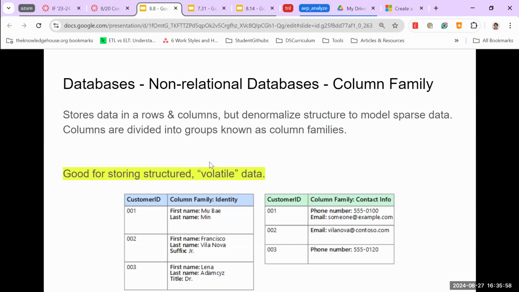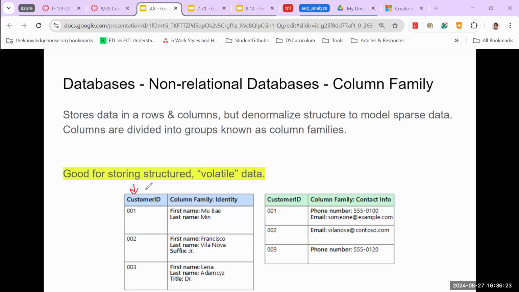And when we say sparse data, we basically are stating that there are going to be a lot of missing values. And instead of trying to keep track of all those missing values, we basically compress all of our data into this sort of hierarchical column structure.